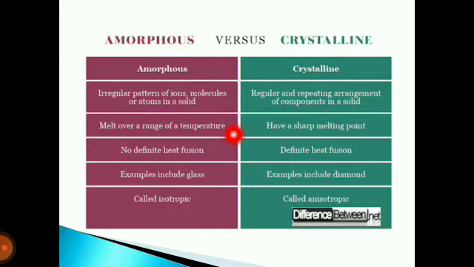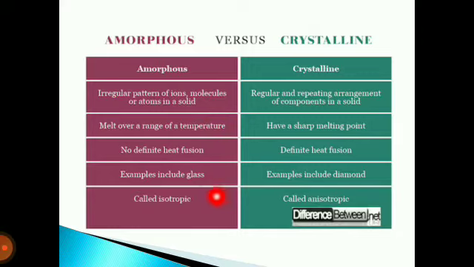They melt over a range of temperature, whereas a sharp melting point is a property of crystalline solids. Amorphous solids do not have a definite heat of fusion, whereas crystalline solids have a definite heat of fusion because of sharp melting points.